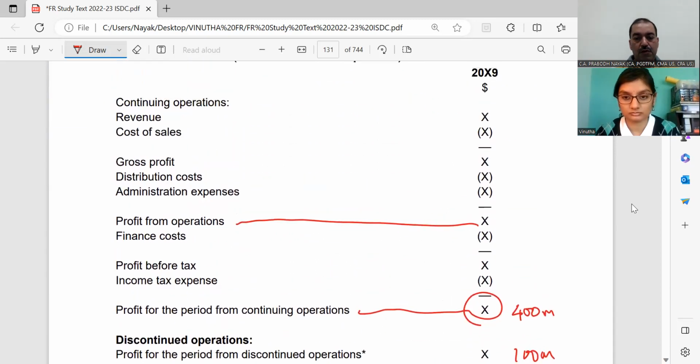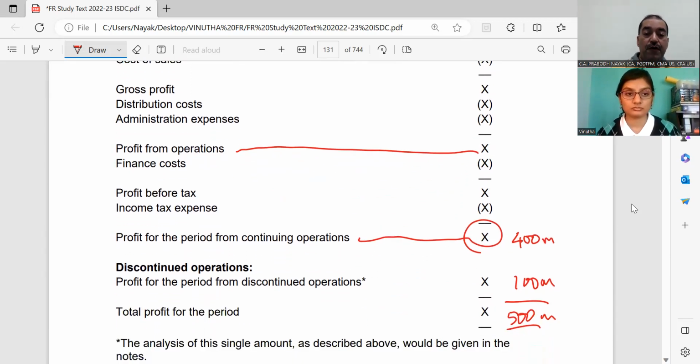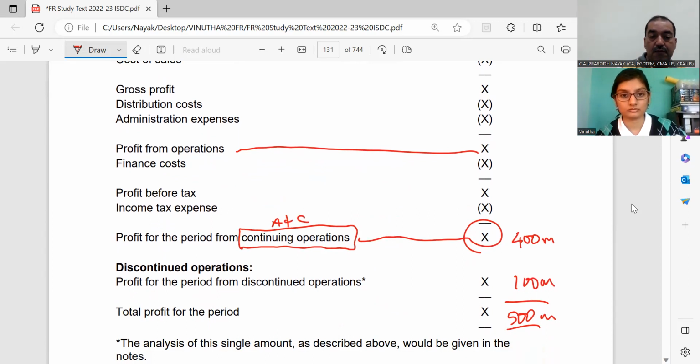As I told you, it will be shown on a separate line. So for continuing operations, you will have revenue, cost of sales, gross profit, distribution cost, administration cost, profit from operations, then finance cost, profit before tax, income tax expense, profit for the period from continuing operations. So this will have A and C. Discontinued operations will be B in our example.